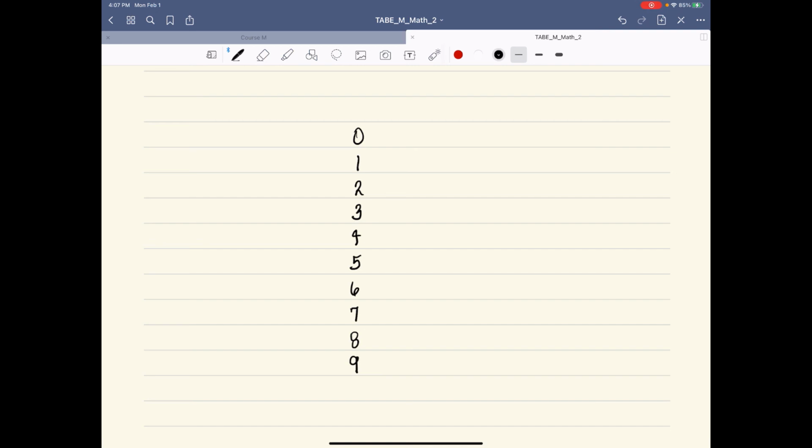And then turn around and do it the other way. 0, 1, 2, 3, 4, 5, 6, 7, 8, and 9. Those are your first 10 multiples of 9. So if you have trouble remembering your times tables, this will work for the 9s. I don't know another trick for another number, but it will work for the 9s. Count down the line, and then turn around and reverse it up the line, and you will have your first 10 multiples of 9.